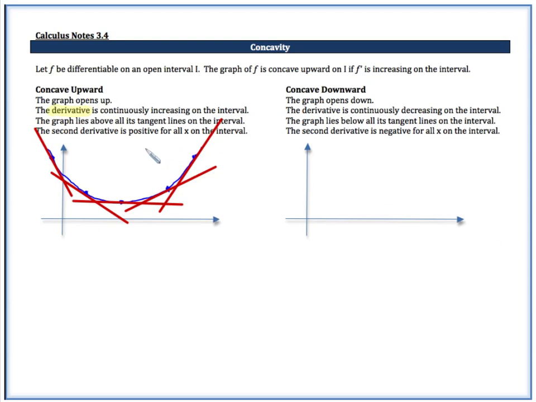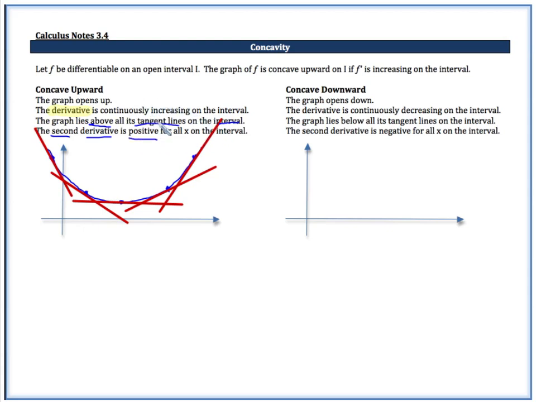Now one thing to notice is the graph lies above all of its tangent lines on the interval. You can see here these tangent lines are all below the graph. And what we're going to learn today is that the second derivative is going to be positive for all the x's on the interval.